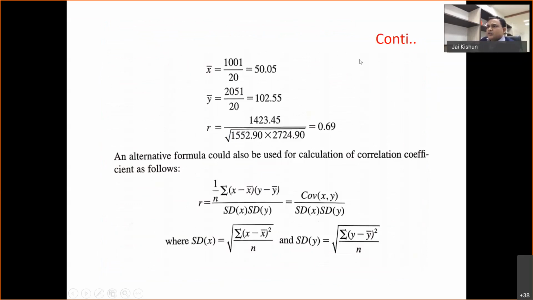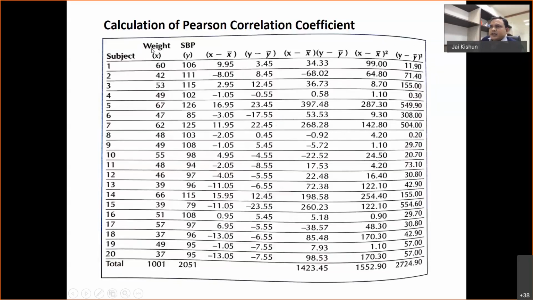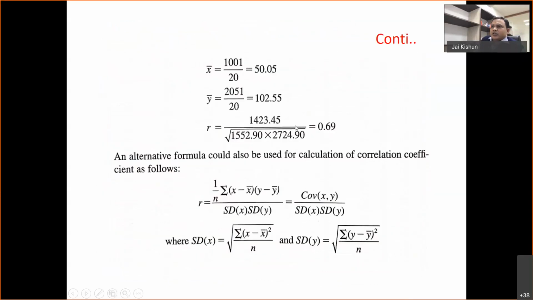Ultimately our goal is to get through the Karl Pearson coefficient method and get this R value. Here it comes to 0.69. So we can say that these two variables we are talking about, weight and SBP, are correlated to each other. This is a positive correlation. Here there is no symbol, so we can consider it a positive correlation.